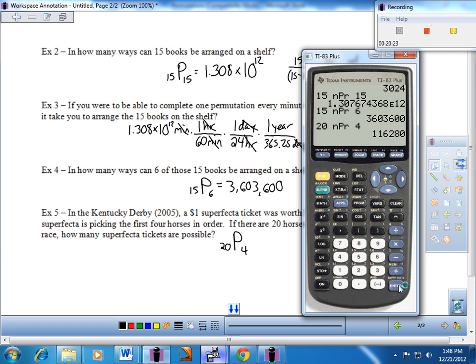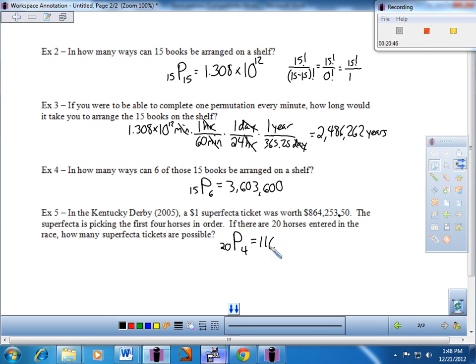And I hit that, and I get this. So as a matter of fact, this would be 116,280. So if you sort of think about it from a ticket perspective, that's how many superfecta tickets were possible. Now what's so incredible about this situation here? This is how many tickets there were.